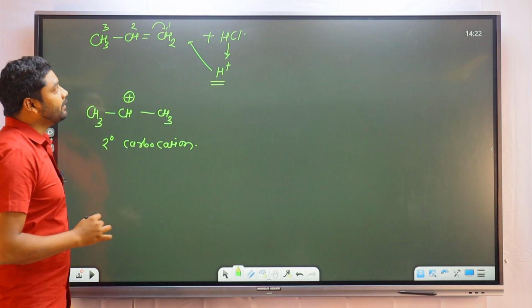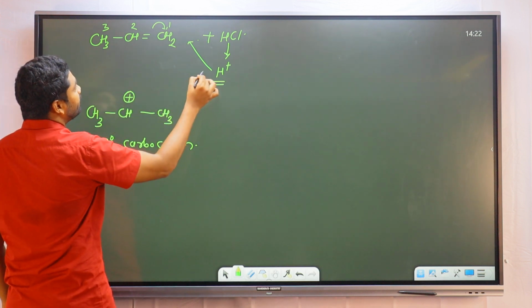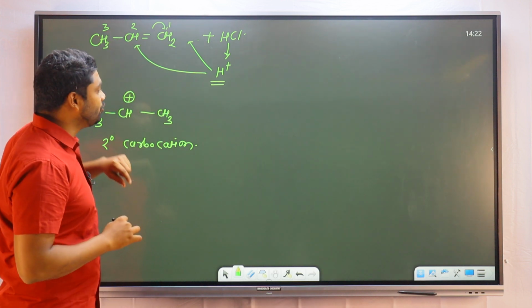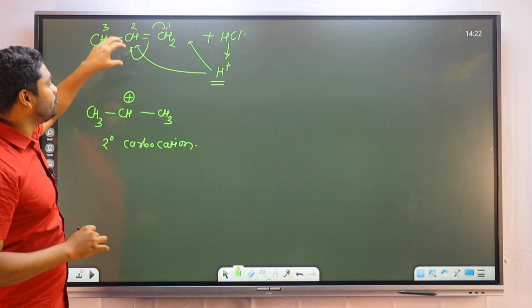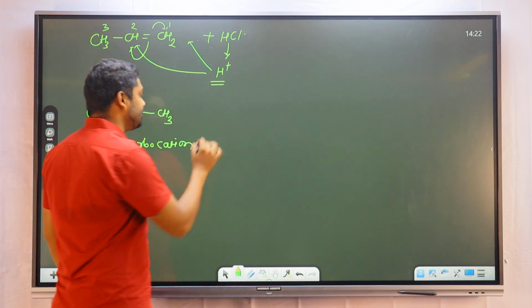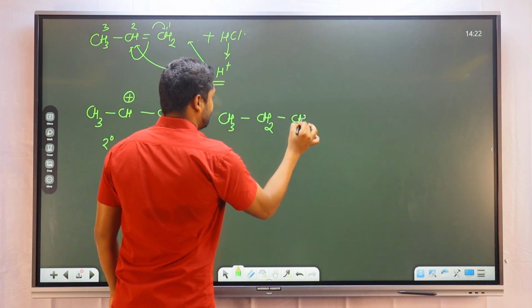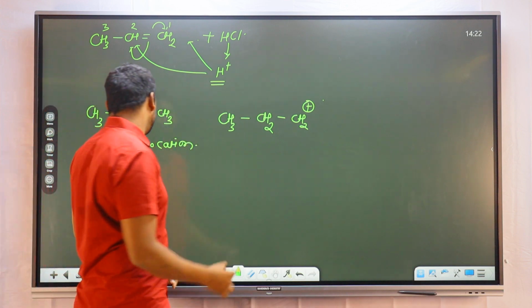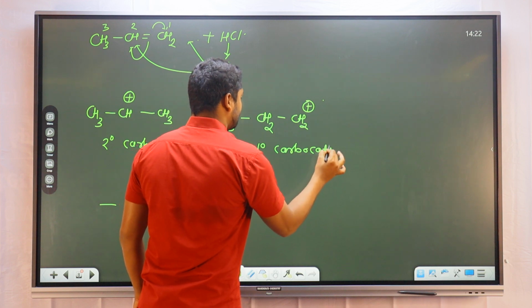There is another choice for the H plus, that it may attack the second carbon, CH, which is number 2, to accept the electron from CH. So it will form CH3, and the CH2 with the loss of electron becomes CH2 plus, called a primary carbocation.